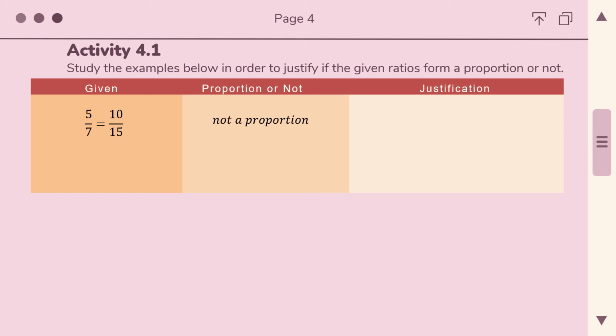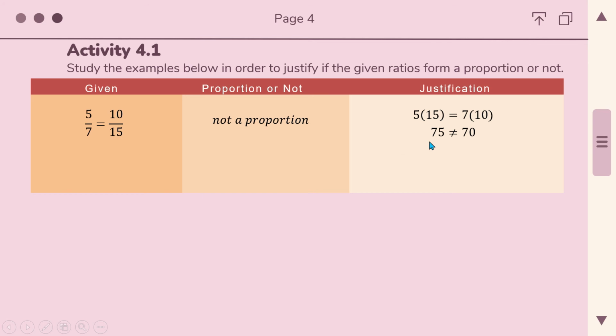Question, ngano dili siya proportion? So, to justify if it's proportion or not, so we have this explanation. So using the cross product, cross multiplication, 5 times 15 is equal to 7 times 10. Pwede rin po siya 7 times 10 equals to 5 times 15.